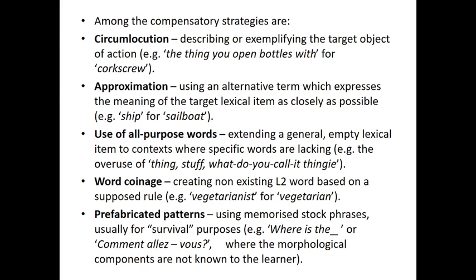Use of all-purpose words: that is the overuse of thing, stuff, what do you call it, that type of thing, that thing, that stuff. Word coinage: creation of a non-existing second language word based on a supposed rule, so for vegetarian, vegetarianist.